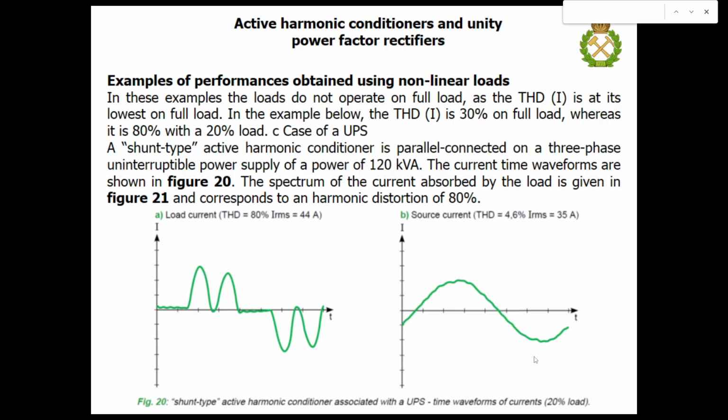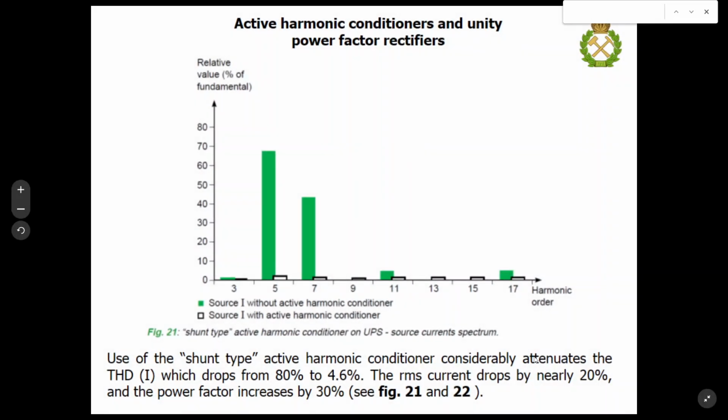And you may see that the total efficiency of such filters is higher than for traditional passive filters. Here you may see the corresponding harmonic spectrums as a result of application of such a filter, and you may see that the harmonic components also decreased significantly.